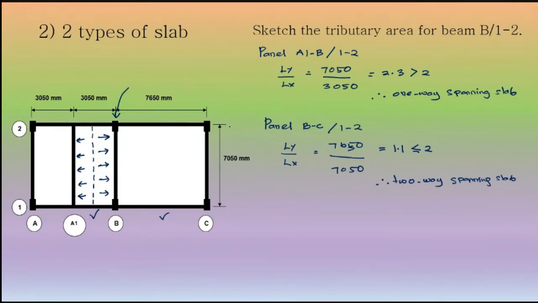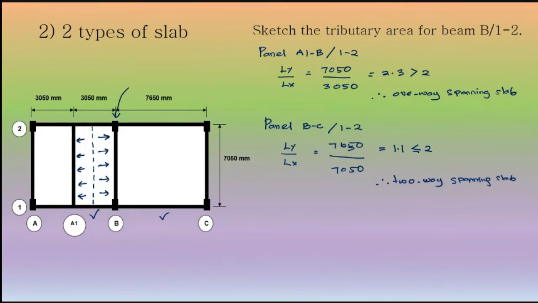And now panel BC slope 1, 2 is 2 way. Ini exercise yang saya buat sebelum ni ramai yang confused kat sini. So kita tahu bila two way, keempat-empat beam akan support the load. Tapi dalam bentuk apa?